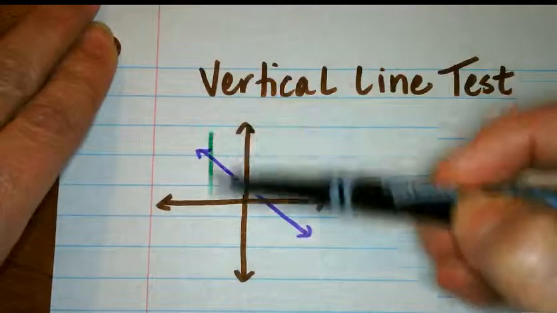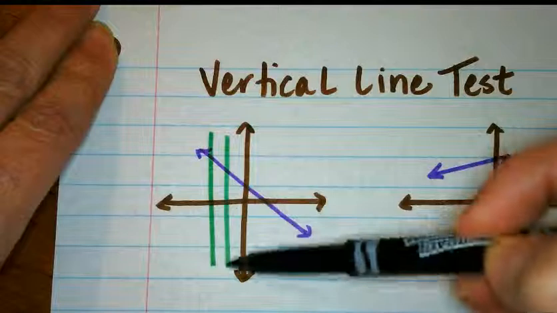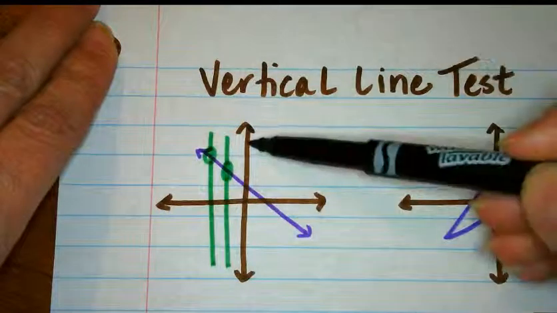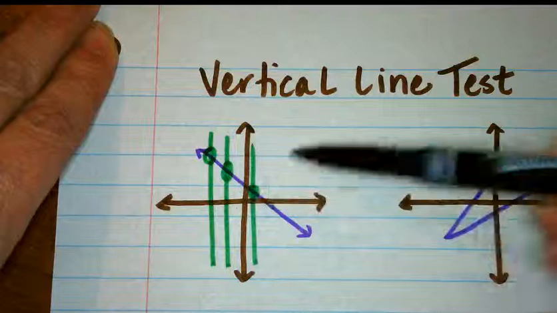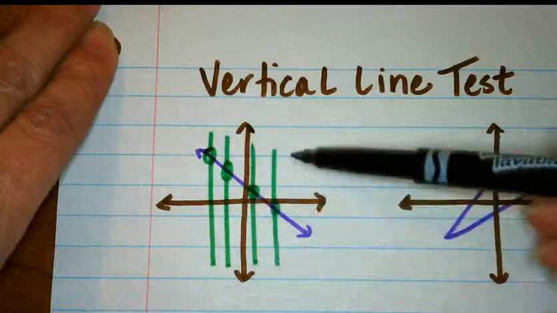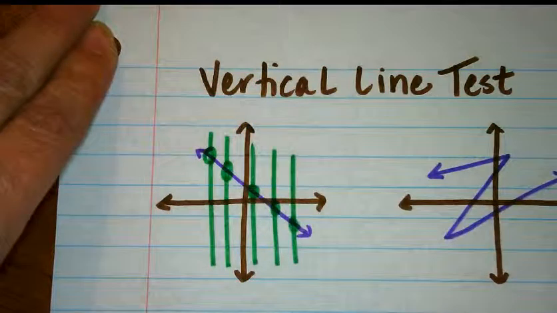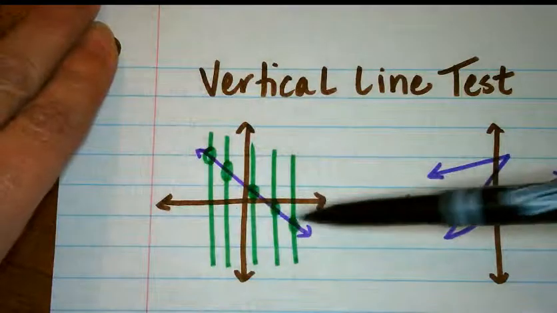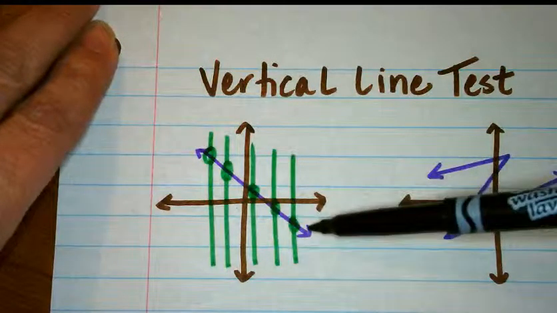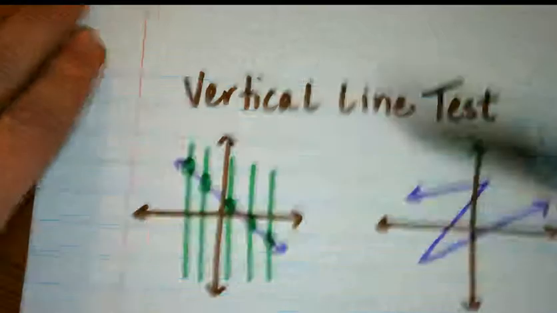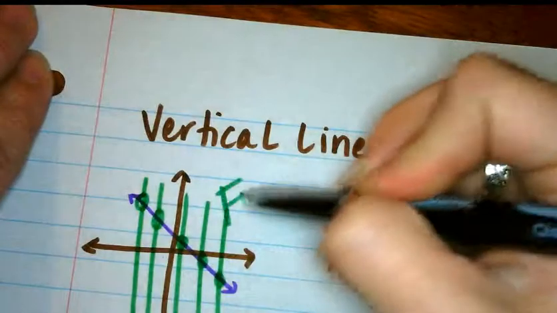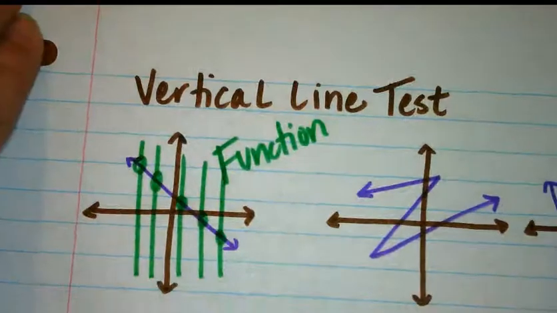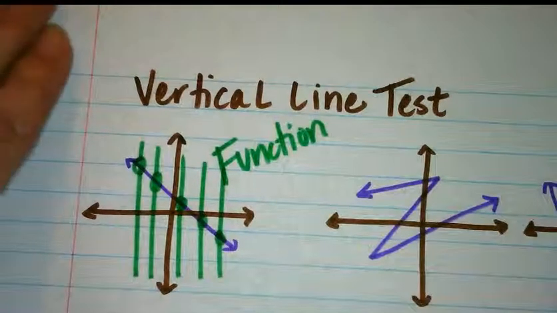I'm going to draw a vertical line, and what I'm doing is I'm checking to make sure that I only hit my graph one time. So every vertical line only hits once. And if you think about it, I could number all these vertical lines, and those numbers would represent the X. So all of these are different, so this is a function. So the vertical line test is a way to test if a graph is a function.